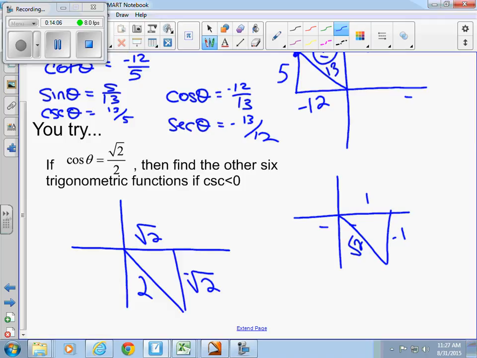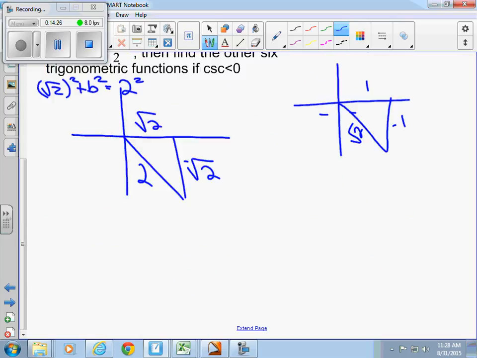This one. If you do that Pythagorean theorem, you would get radical 2 squared plus b squared equals 2 squared. That makes sense. So, what are the other trig functions?